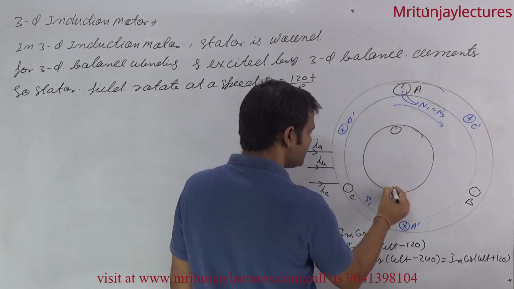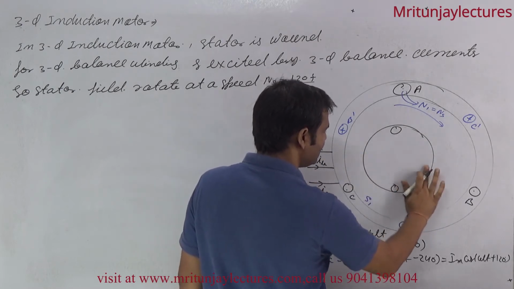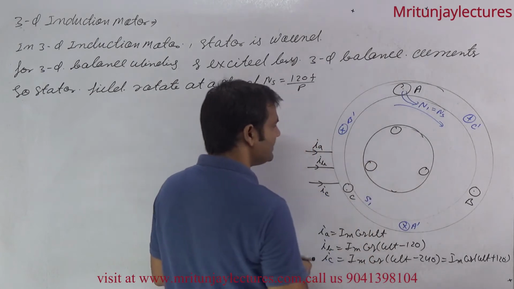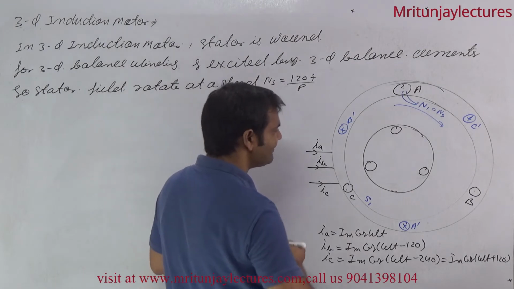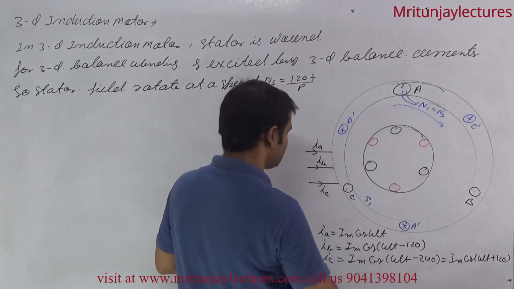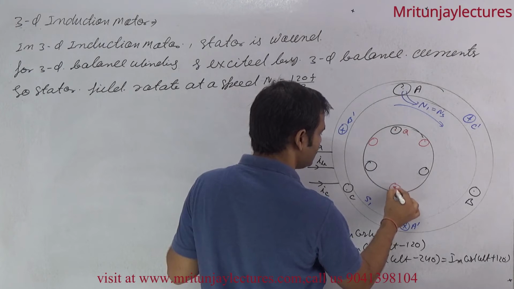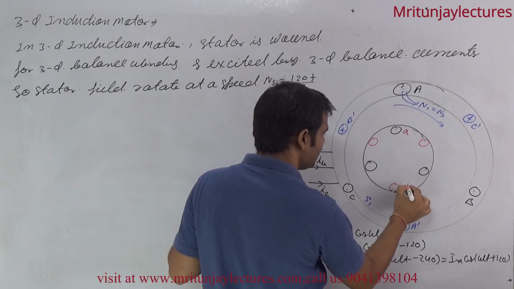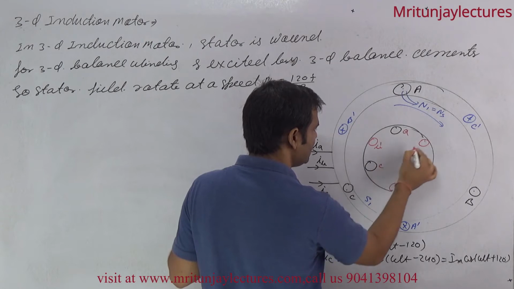If the rotor is also wound for three phase balanced winding, like this one, three phase balanced winding, small a, A dash, B, that is B dash, and that is C, and that is C dash.